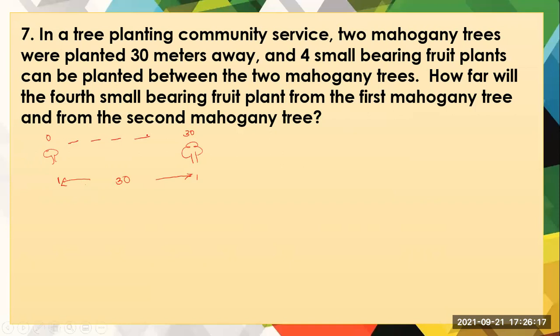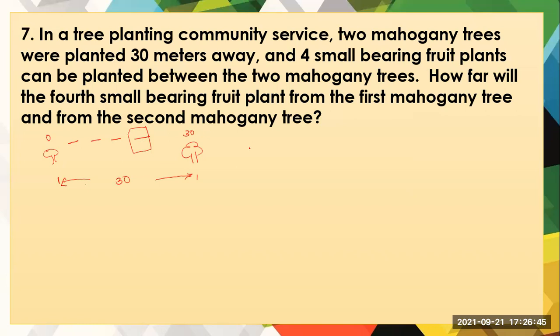How far will the 4th small bearing fruit be from the first mahogany tree? This is the first, and the 4th small bearing fruit is this one. So the question is, how far is this from this tree, and how far is it from the second tree? So how do you do that? You need to get how many meters away from this.